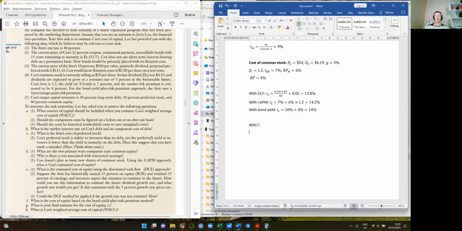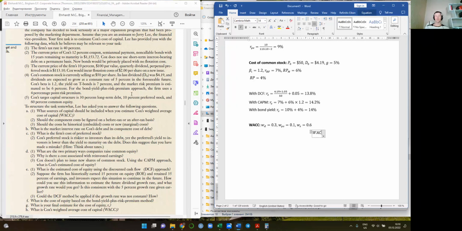We have target weights. The weight of debt is going to be 30%, so 0.3. The weight of preferred stock is 10%, and the weight of common equity is going to be the rest, 0.6.